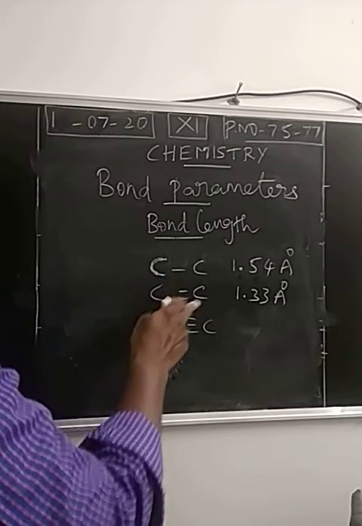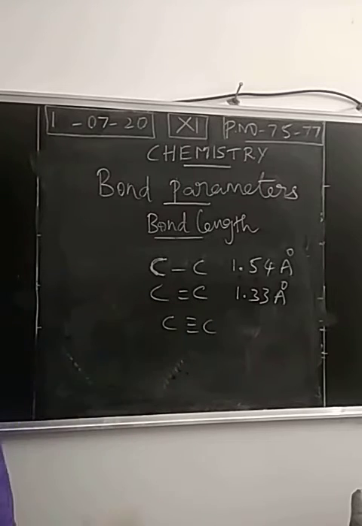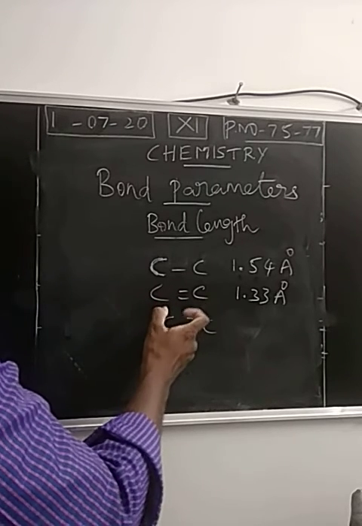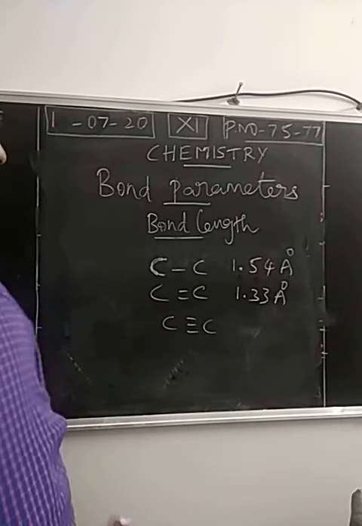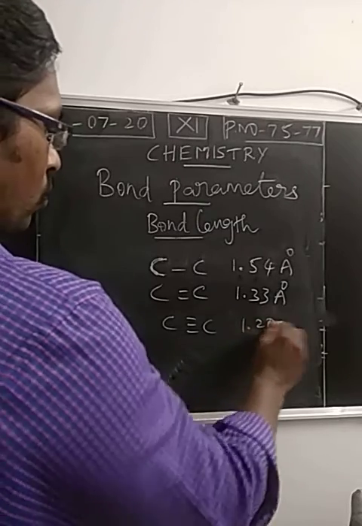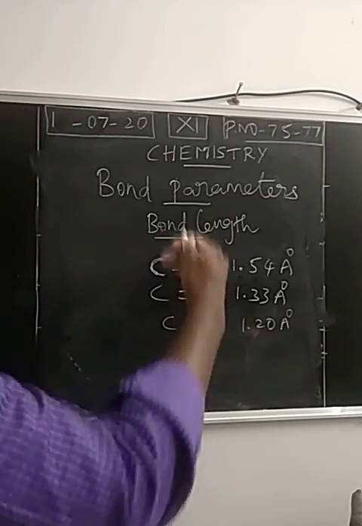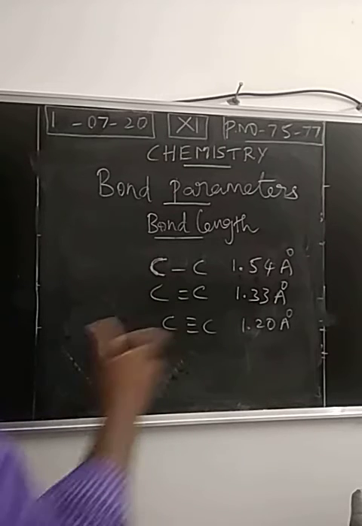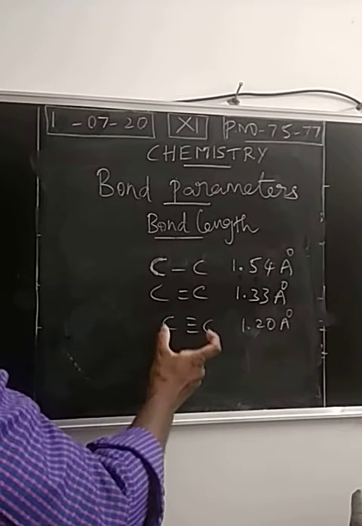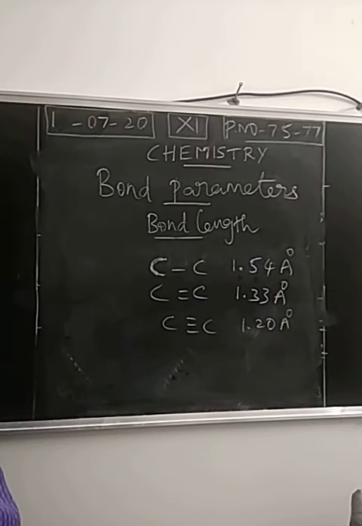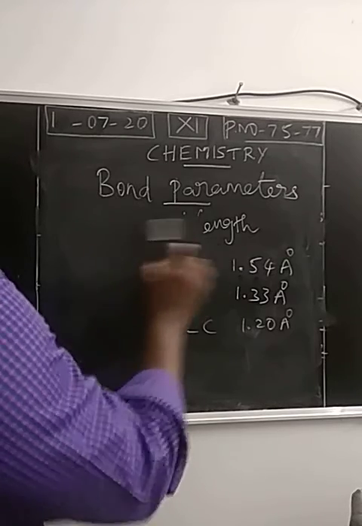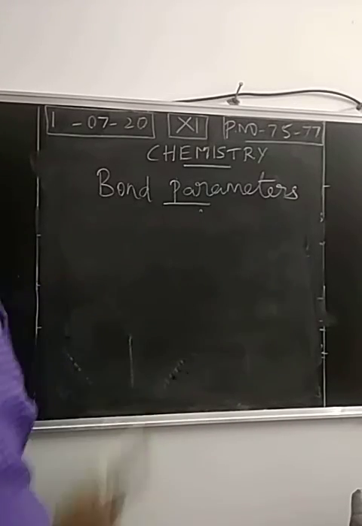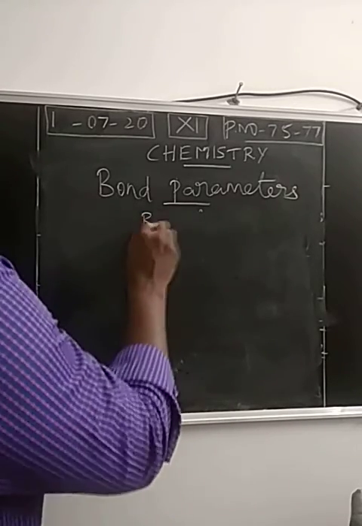Compared to alkene, it has a stronger bond, so length reduces. For alkynes, 1.20 angstrom. So when the number of bonds increases, attraction between the atoms will increase. That means the strength of the covalent bond will be increased. So bond length will be reduced. So this is the first parameter, bond length. Second one, bond order.